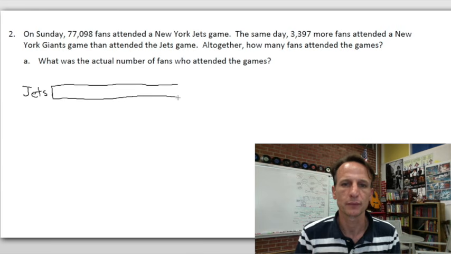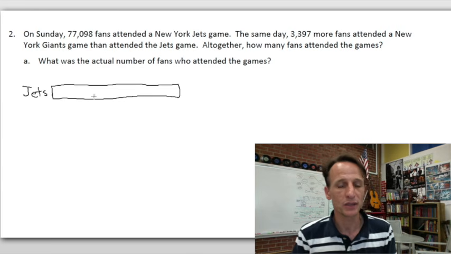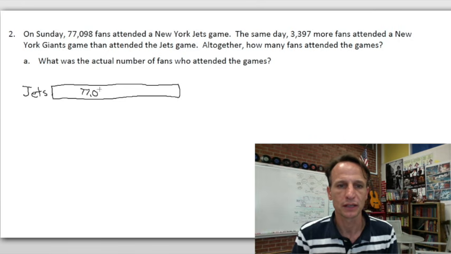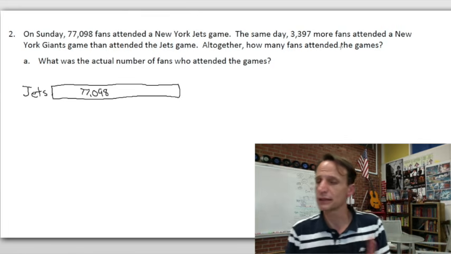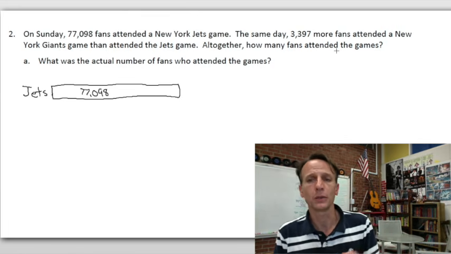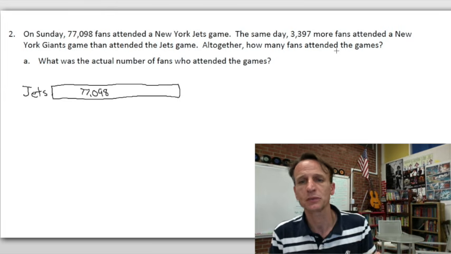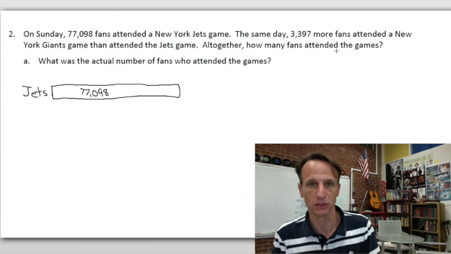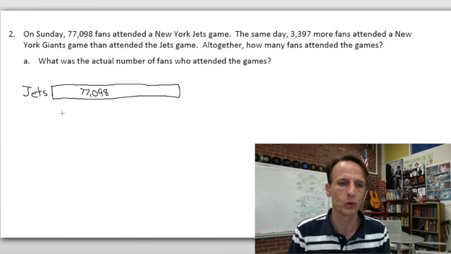Nice tape there. Okay, and we know exactly how many attended this game. It was 77,098. And again, an easy mistake to make here is to say, oh, how many people attended the Giants game? 3,397, period.